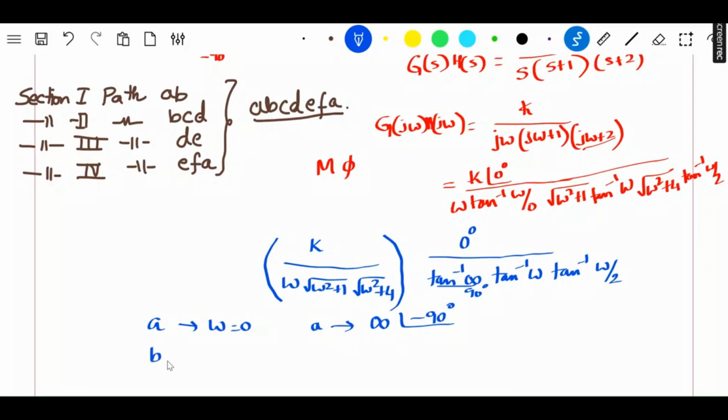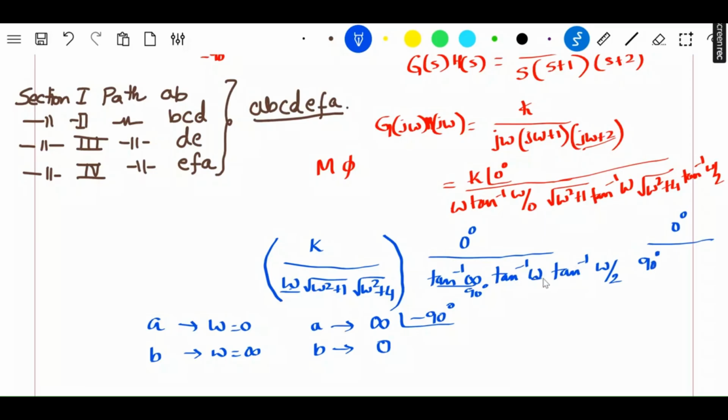Now when I go to B, where omega equals infinity, infinity multiplied by any value is infinity. So k divided by infinity, and anything divided by infinity is 0. So magnitude is 0, whereas the angle is 0 degree divided by tan inverse of infinity, which is 90 degree.